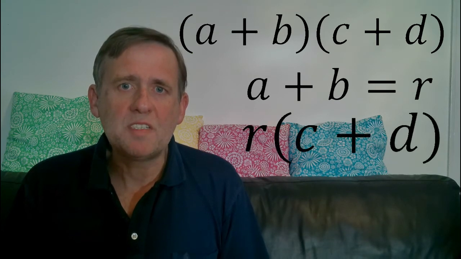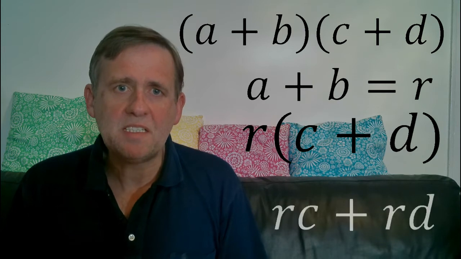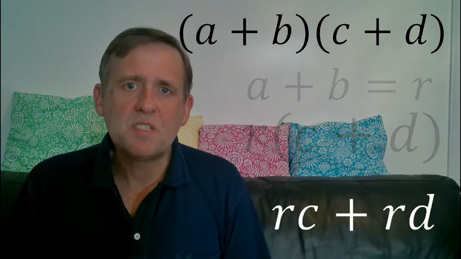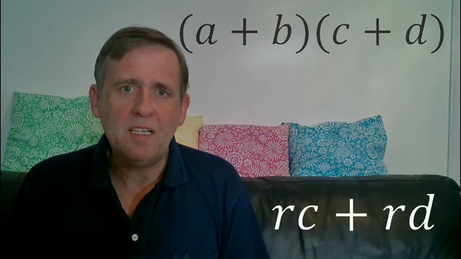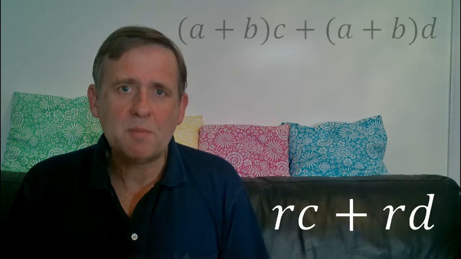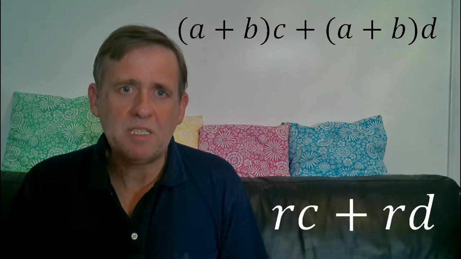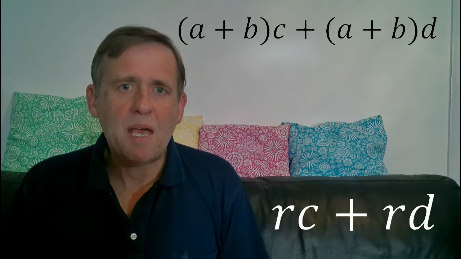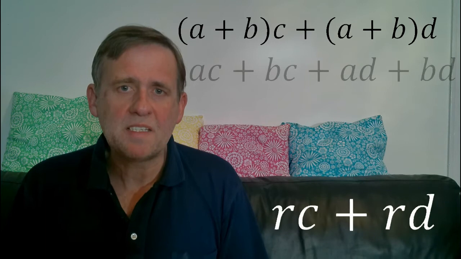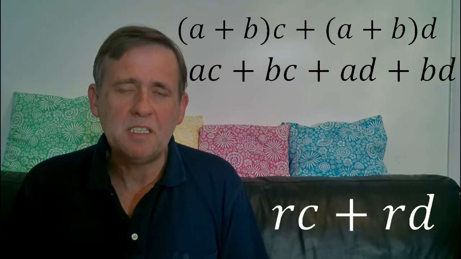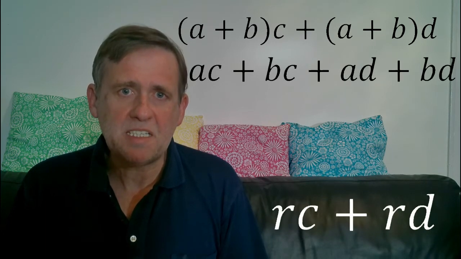And we know that this equals rc plus rd. Now we just need to put back a plus b for r, and we get open brackets a plus b close brackets c plus open brackets a plus b close brackets d. And expanding those two expressions, we get ac plus bc plus ad plus bd.